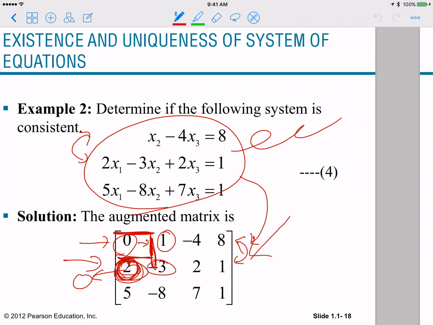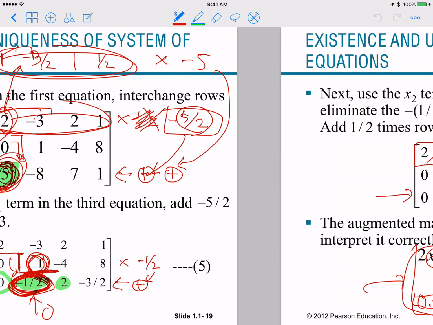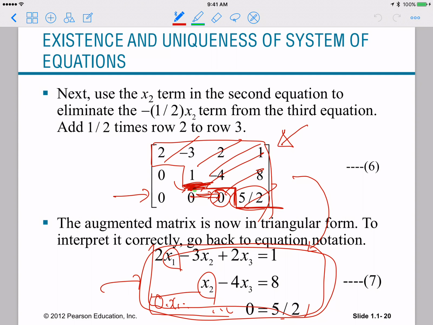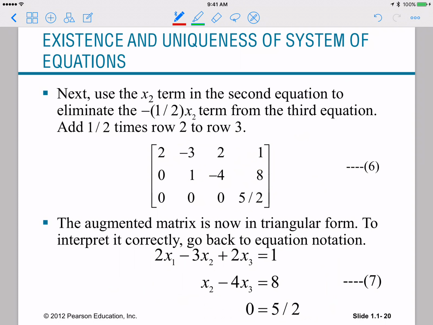And then this set of equations is actually the case that we are already familiar with.